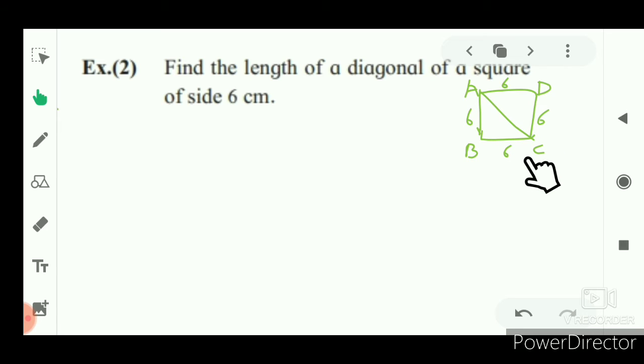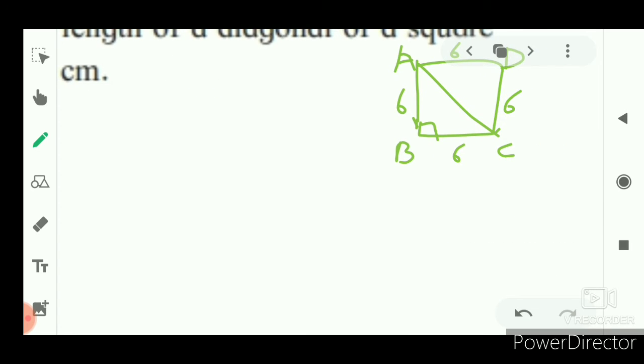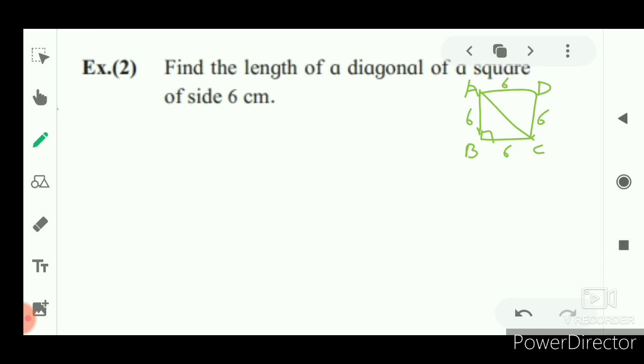This question we can solve in the same way as the previous question, because we know that all the angles of a square are 90 degrees, that is, they are right angles. So in triangle ABC, angle B is 90 degrees, so the side opposite to angle B is the hypotenuse of triangle ABC.